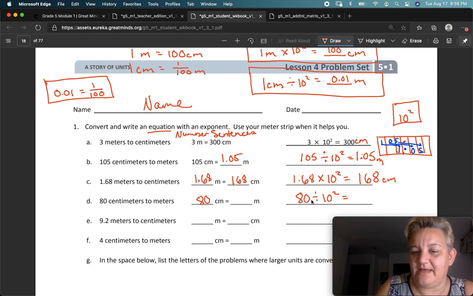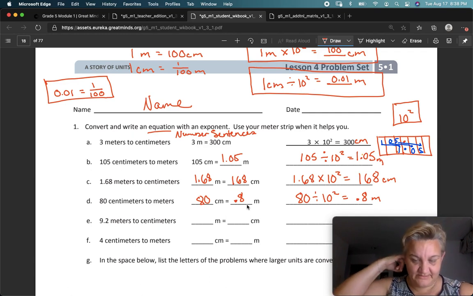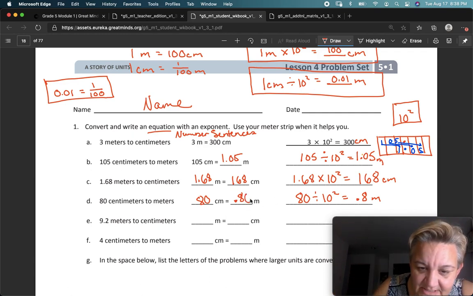That means that my decimal is going to go this way, 1, 2. So now I've got 8/10ths of a meter. 8/10ths of a meter. And if you want to put that extra 0 on there because it makes more sense to you, you can. But, in fact, we don't need it.